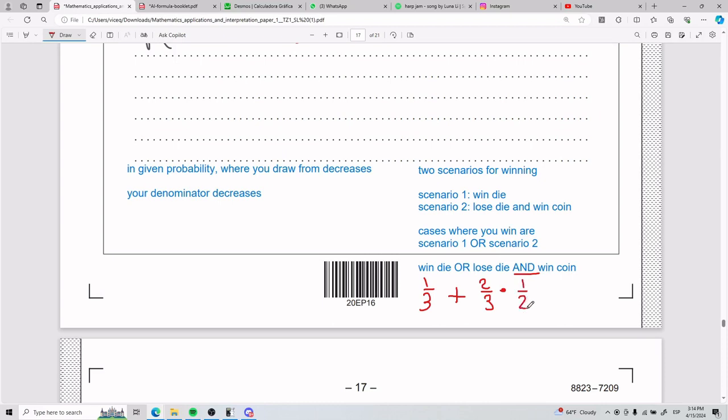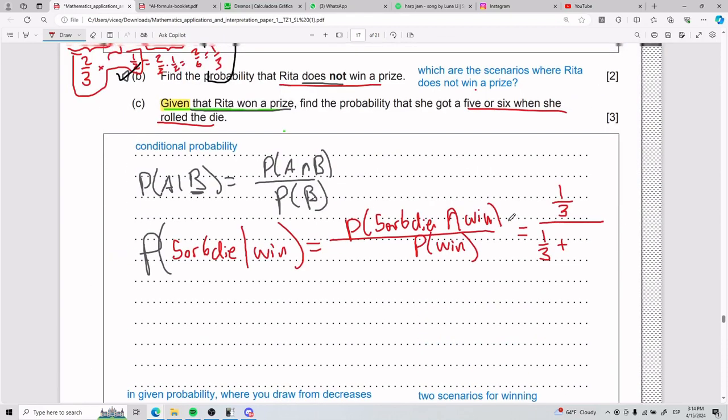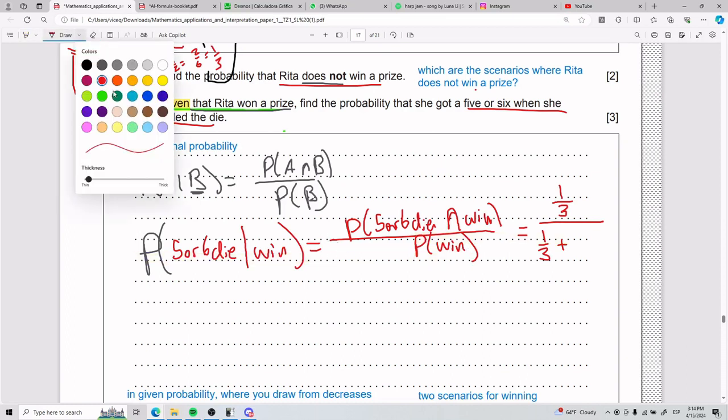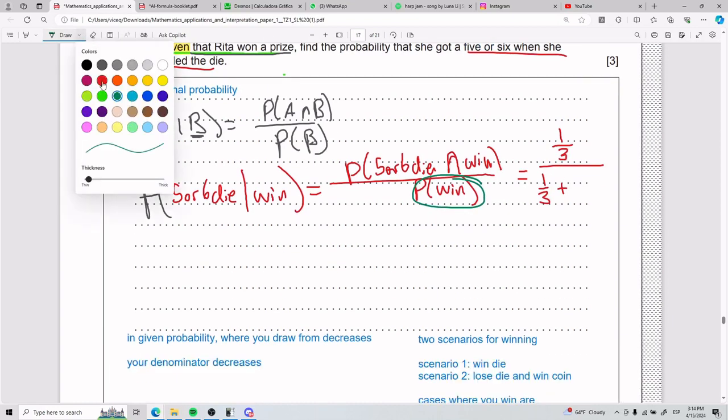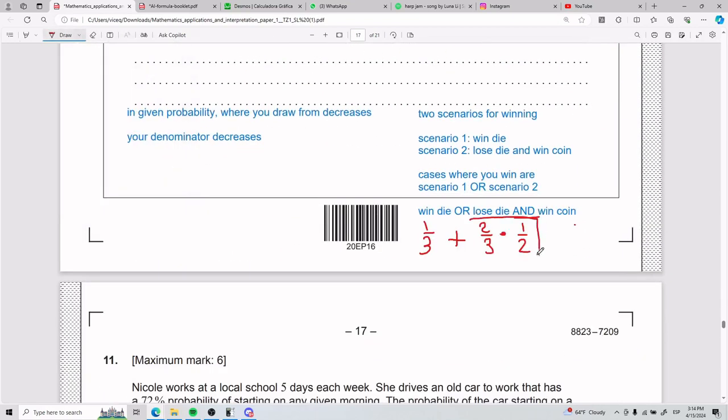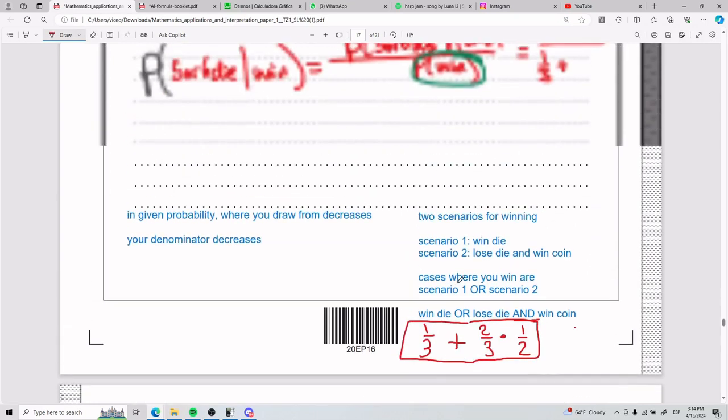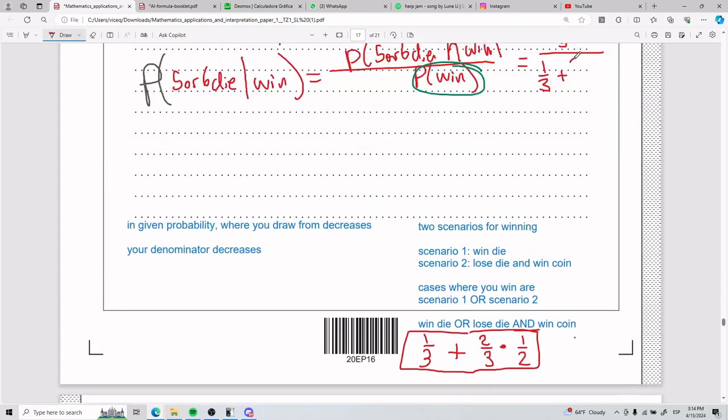So this is for finding the two scenarios for winning. See? And we did say that the denominator is probability for win. Oops, my bad. The one on the bottom is probability for win. So that means I have the 1/3 plus this. Okay? I mean, it's that whole thing. So it's 1/3 plus 2/3 times 1/2.